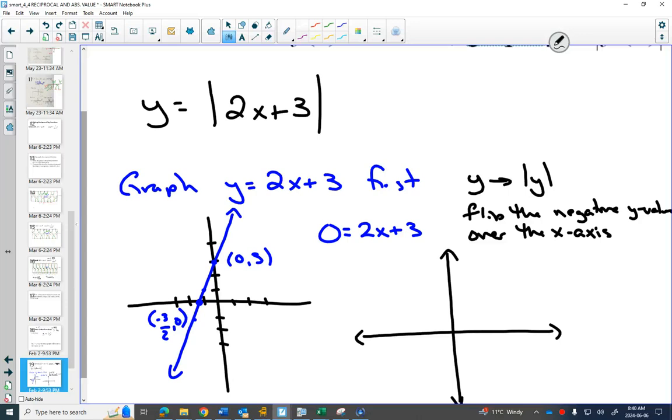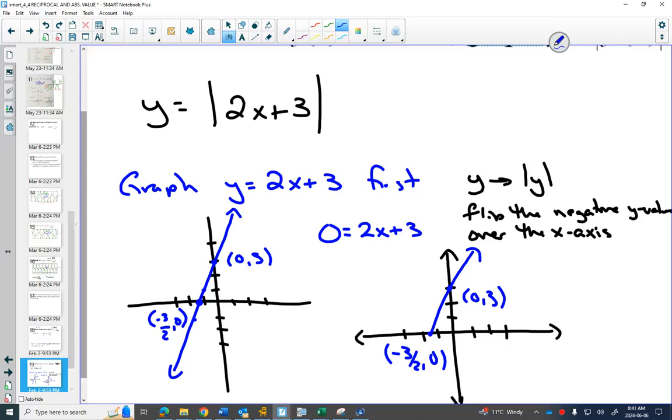So my positive y values, like 0, 3, are going to stay the same. In fact, even the x-intercept at negative 3 over 2 and this whole section here stays identical because the y values were already positive. So putting the extra absolute values is not going to change them.